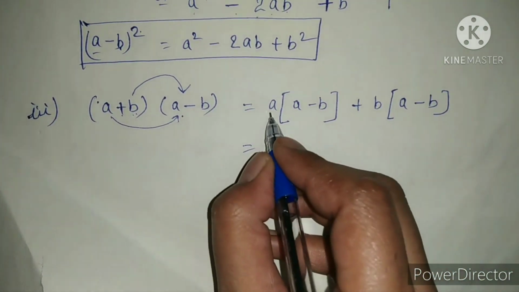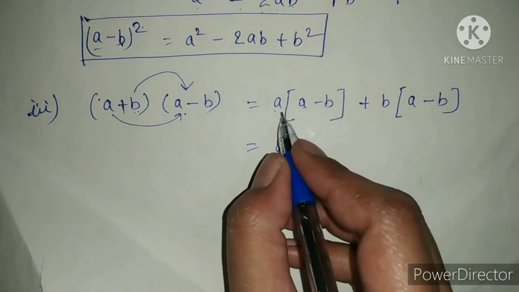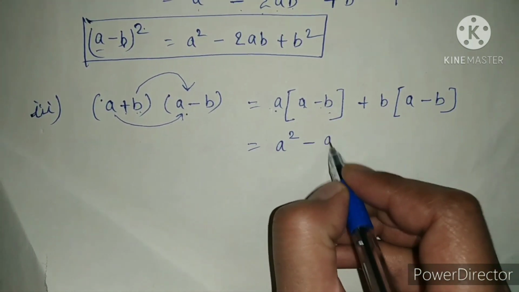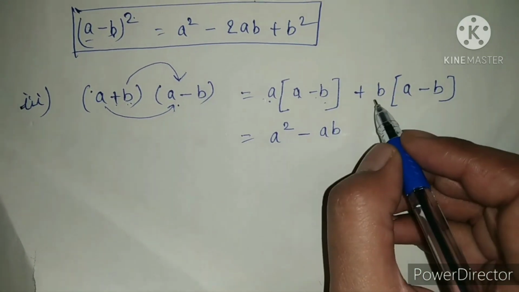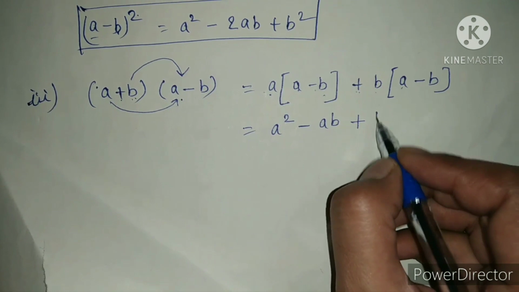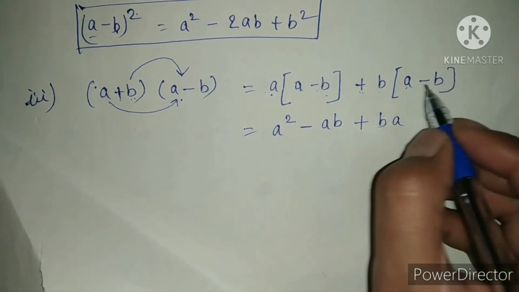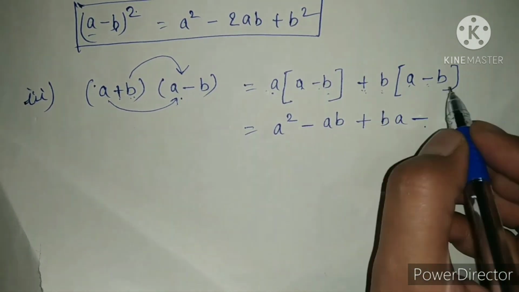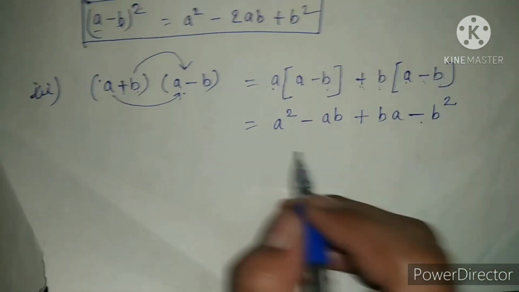a into a is a square, plus a into minus b is minus ab. Now plus symbol, plus b into a is ba, plus into minus, plus minus is minus, b into b is b square.